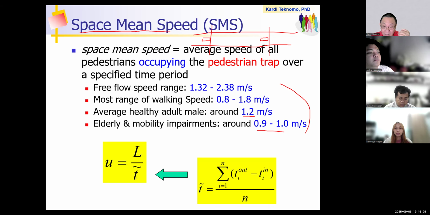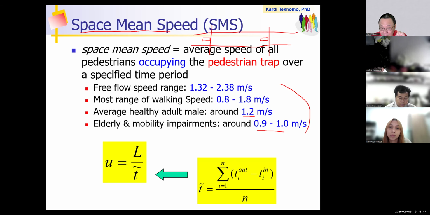In the tollway, usually 60 to 80. Supposed to be the normal range. This is the space mean speed. This is what we use in the fundamental traffic flow formula later. Remember.